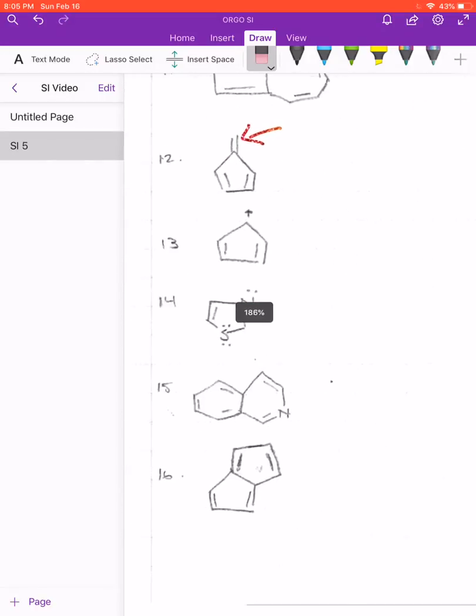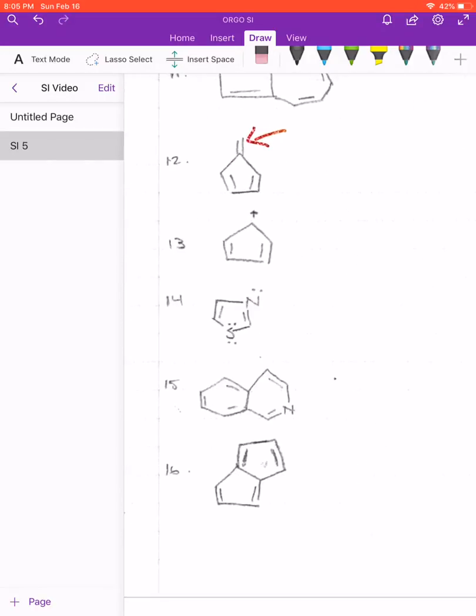So we saw from number 12 that this molecule is not even conjugated, right? So non-aromatic. What about 13? Is this molecule conjugated? Think about it for a second. So this molecule is actually conjugated.